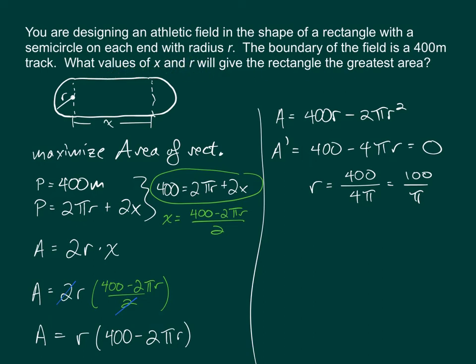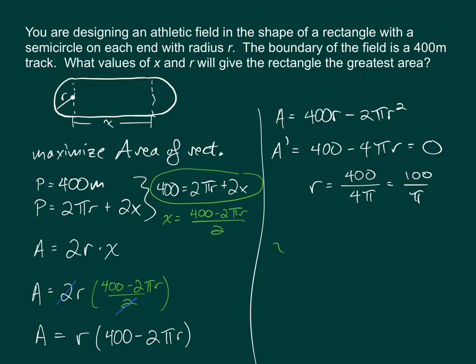Okay, so if we were asked to find the dimensions of the rectangle, we would have to multiply this by 2 to get the full height of this rectangle. I think I called it width earlier. So if we were looking for the dimensions, we would have to multiply this radius by 2 to get the entire diameter. But other than that, we can just throw this 100 over pi in here for r to figure out what x is.